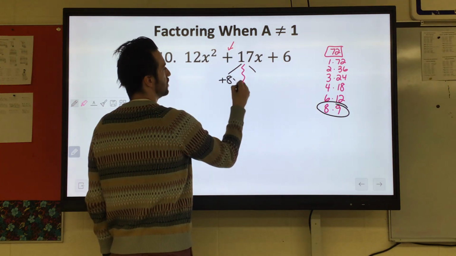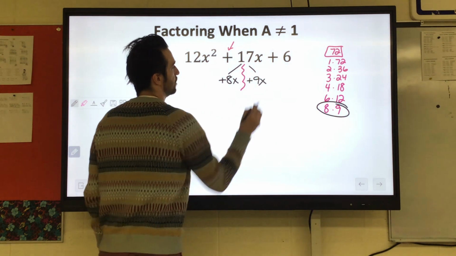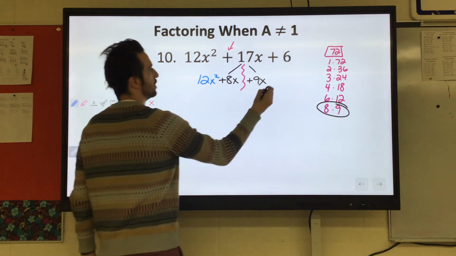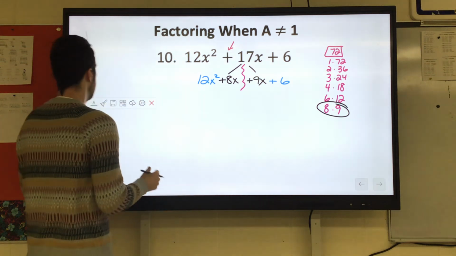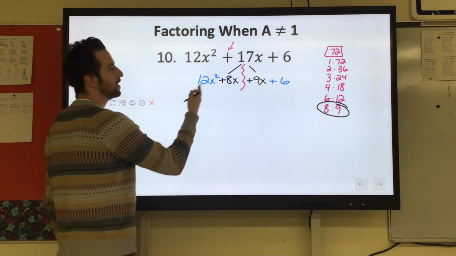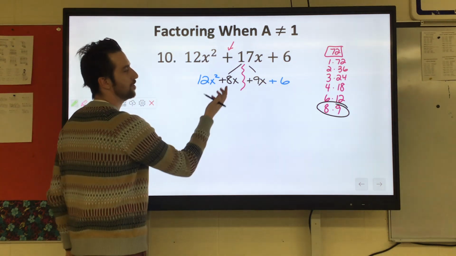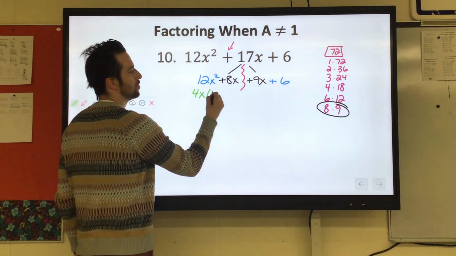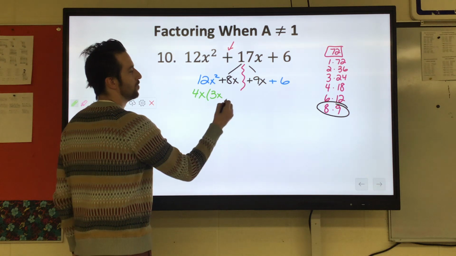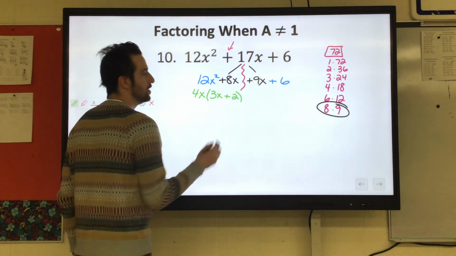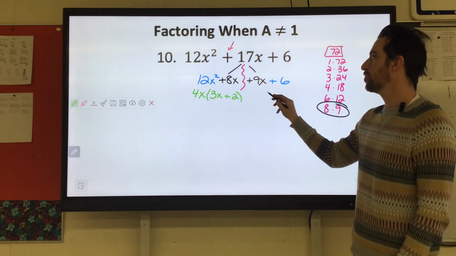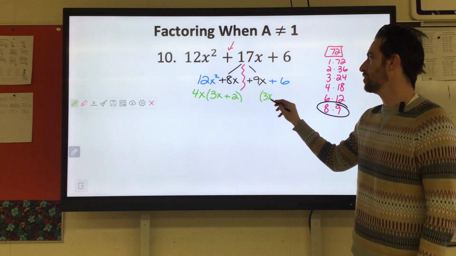Plus 8x plus 9x. We'll bring down the other stuff. 12x squared plus 6. And we will factor each half. On the left half, a common factor for 12x squared and 8x would be 4x. 4x times 3x is 12x squared. 4x times 2 is 8x. Now, you know that it's going to have to work out where this is also 3x.